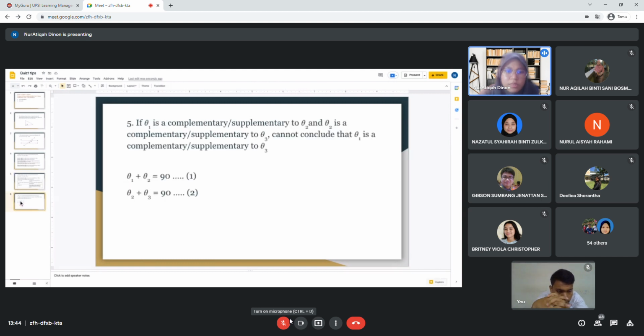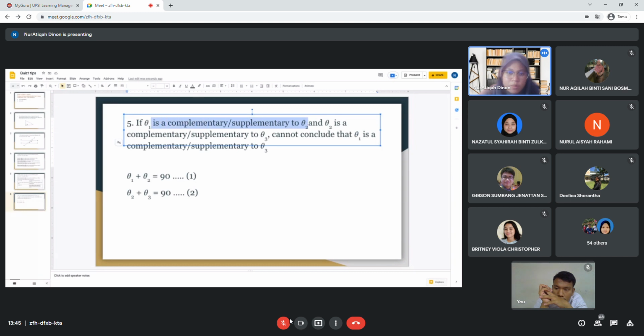And then last one, and that I need to talk about this. Okay, let's say the question say about theta 1 is a complementary or supplementary to theta 2. Okay, this one is the first statement. Let me highlight.